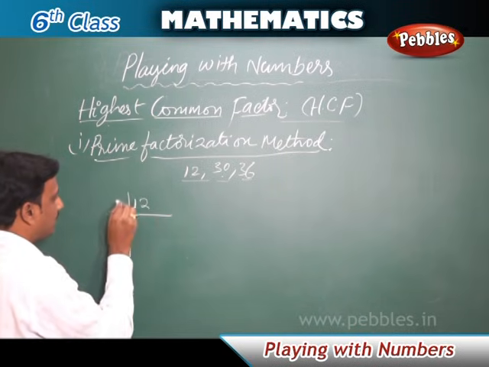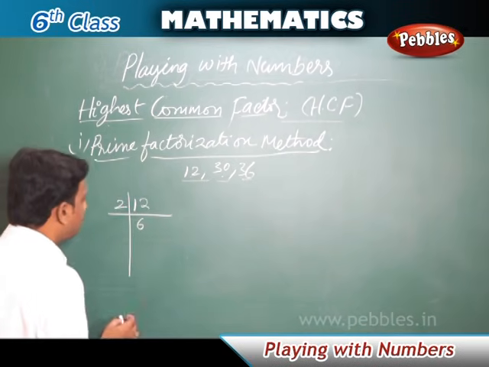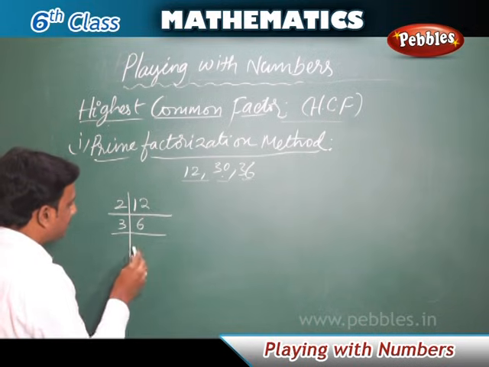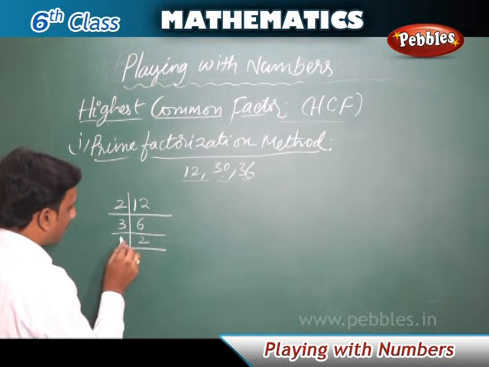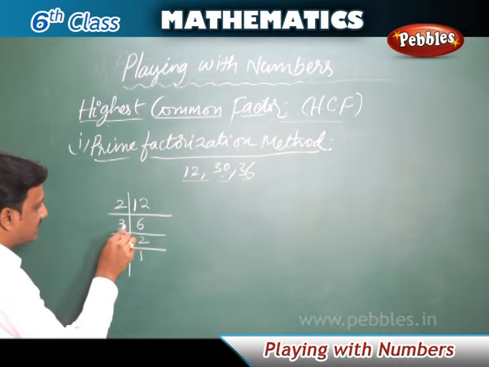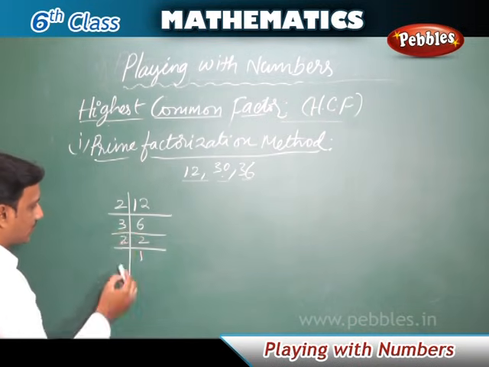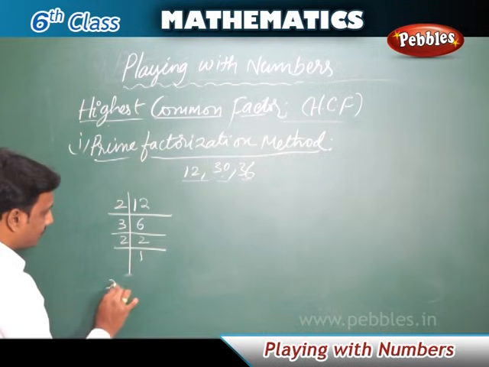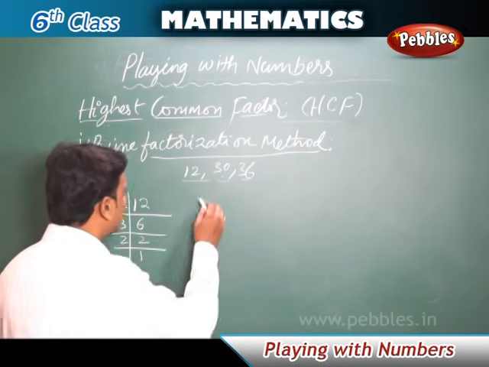So let us put 12 here: 2, 2, 6, 3, 2 and 2, 1. So 2 3s are 6, 6 2s are 12. So these are the factors, 2 into 3 into 2. Now let us see 30.